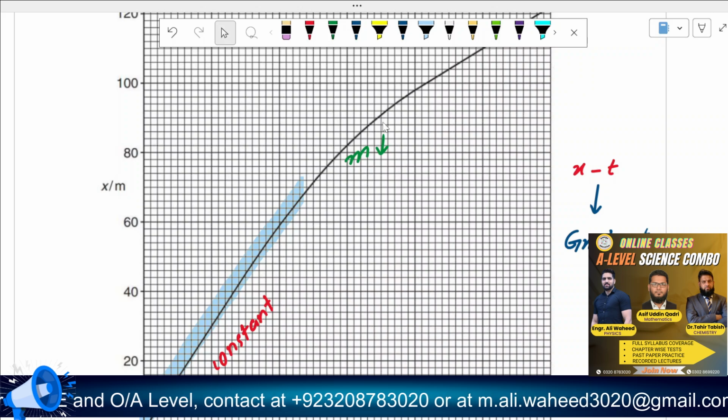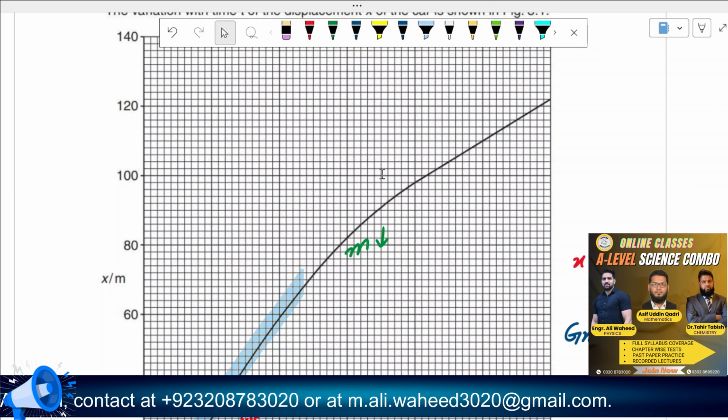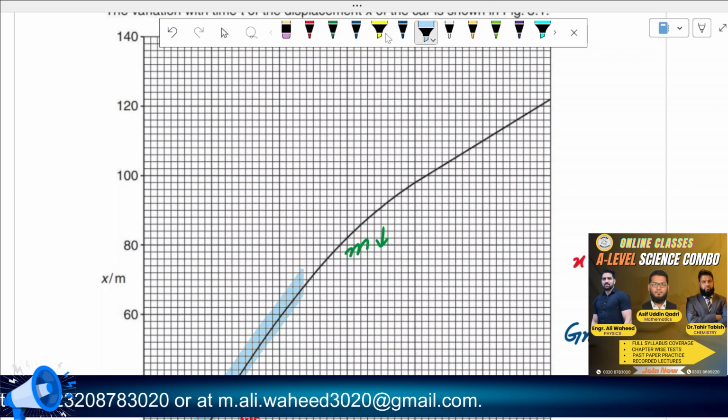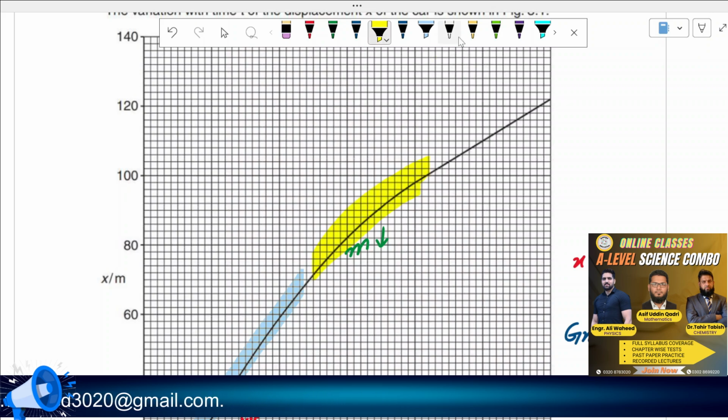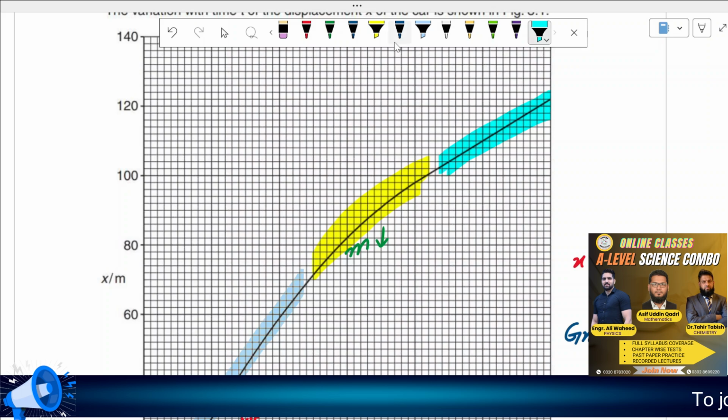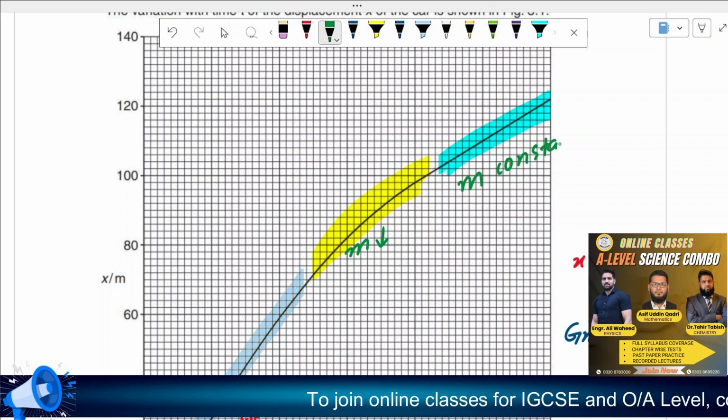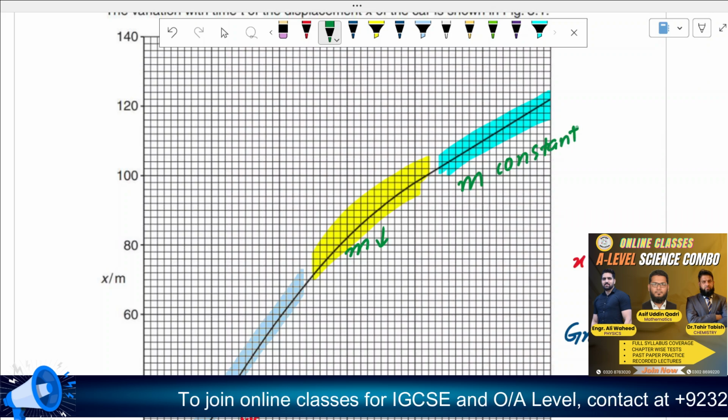So gradient has now decreased, so velocity would also be decreased. Towards the end, we once again have a straight line, which means gradient is again constant. So velocity is also constant.